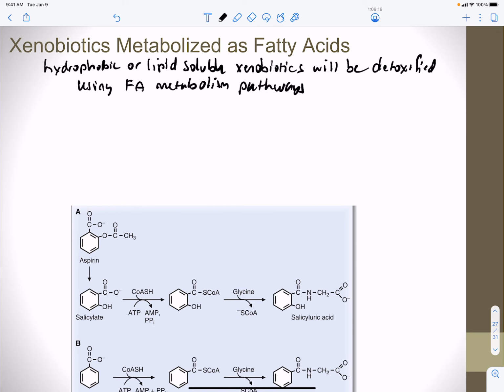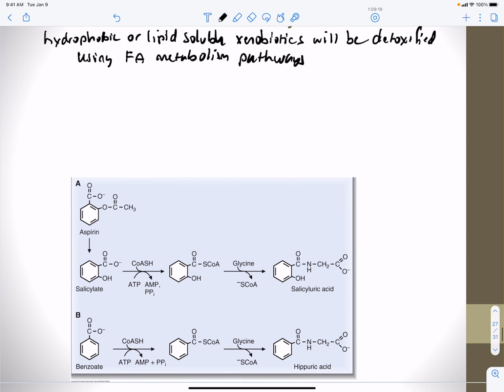One example is benzoate, shown down here. This is naturally present in plant foods, and it's also added to sodas as a preservative. Its structure is similar to salicylic acid, a form derived from aspirin.